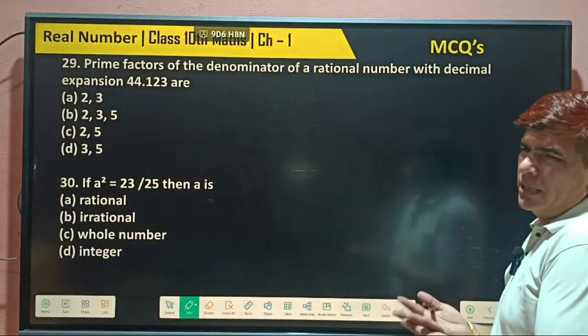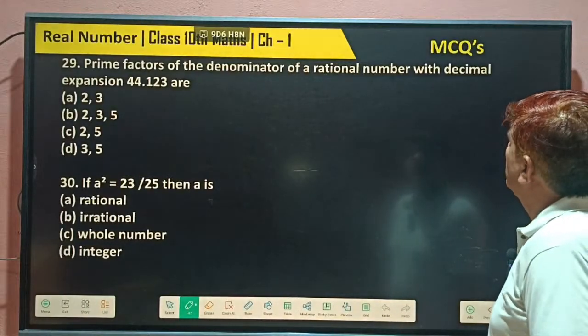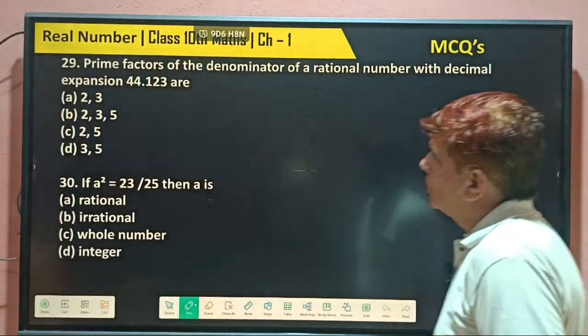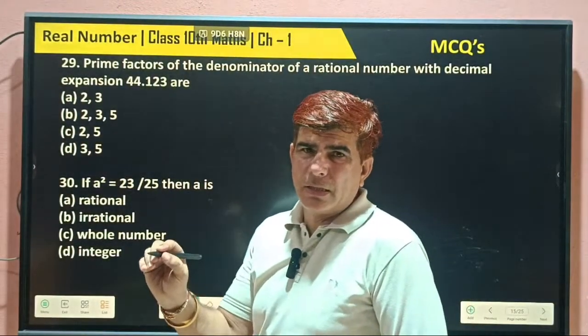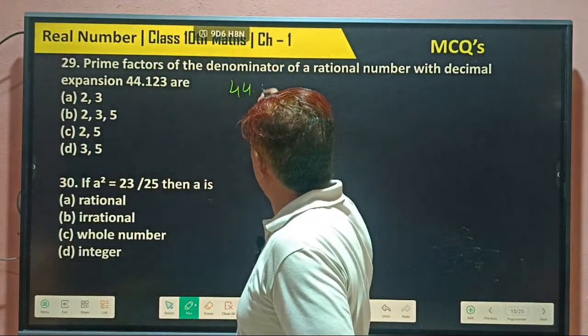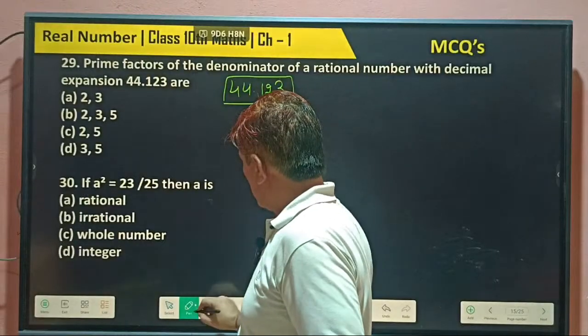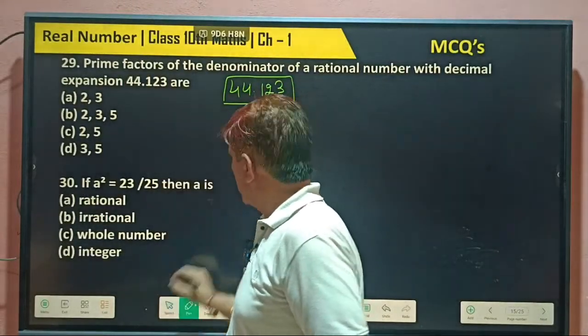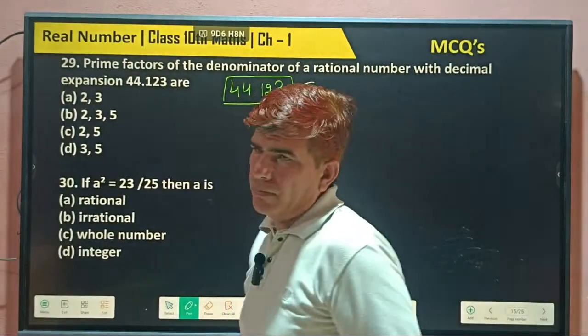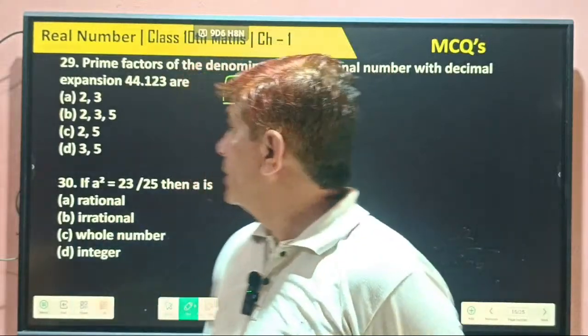Try to understand. The prime factor of the denominator of a rational number with decimal expansion is given. Very important questions. Not anybody tells you. So what type of number is this? Terminating or non-terminating? It's terminating. After the decimal, 3 digits are there. So definitely it is terminating.